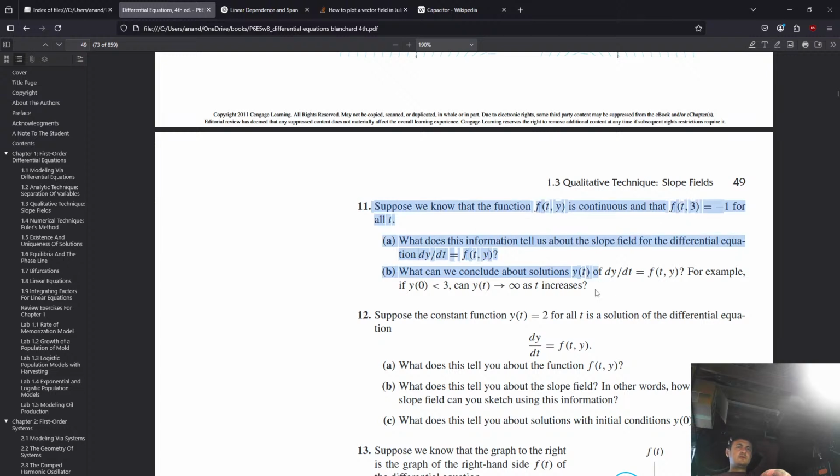Suppose that we know the function y of t is continuous. Hold on, let me try to figure that out.